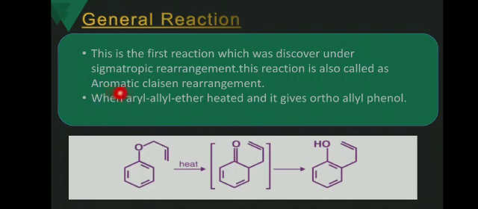When aryl allyl ether is heated, it gives ortho allyl phenol. This reaction requires more energy in the form of heat, and the compound formed is a phenol, an aromatic compound, so it is the most stable compound. How this reaction takes place, I am going to explain in the mechanism.